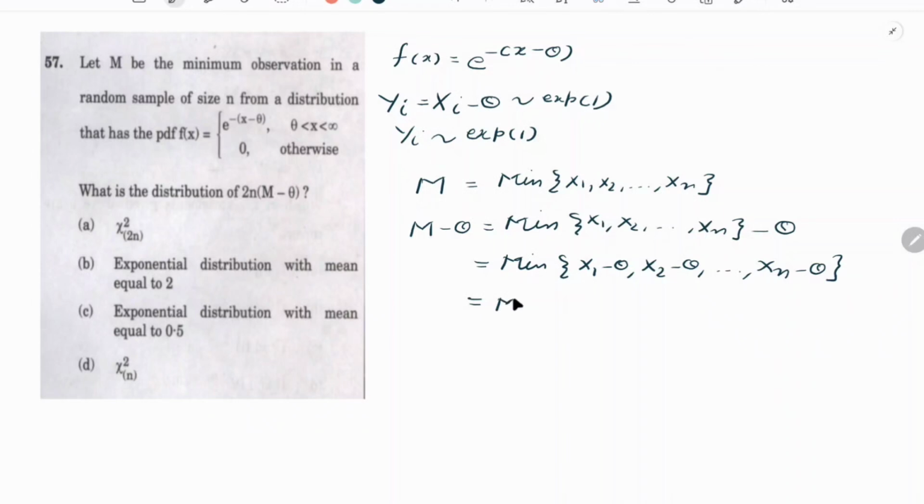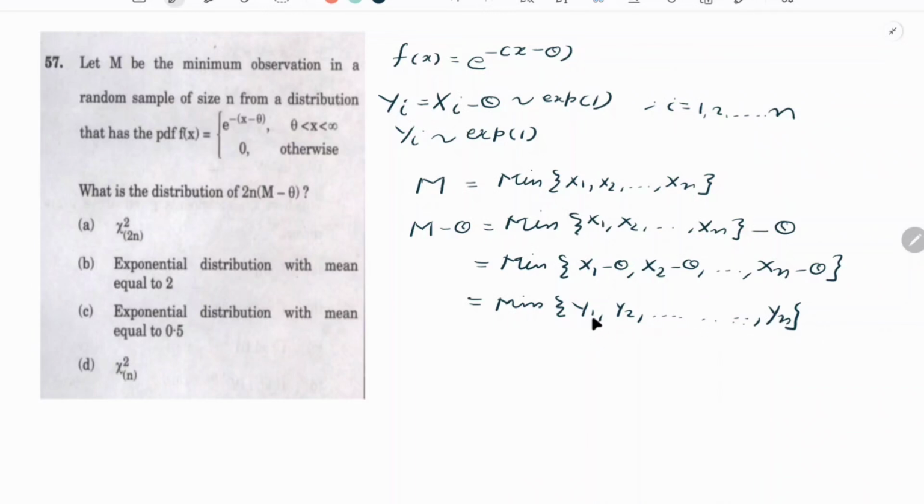So this can be written as the minimum of y1, y2, yi, yn, because this is true for all i going from 1 to n. Do not get confused by this; we can simply write y1, y2, yn.